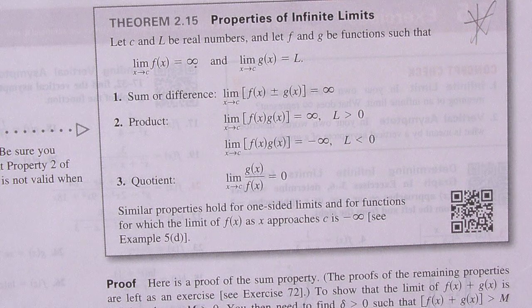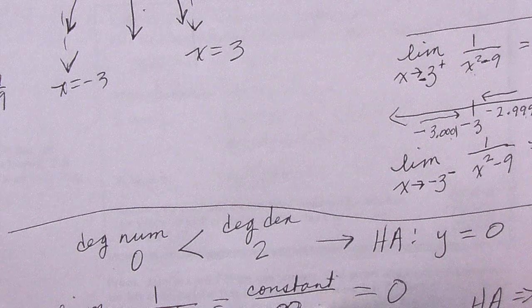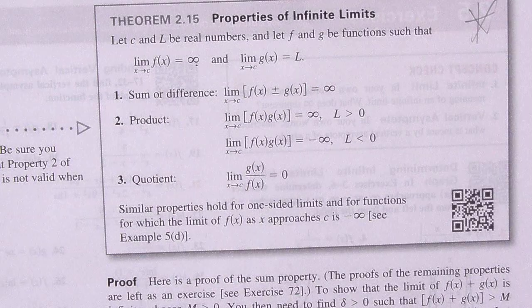I said really small, I meant really big. A constant over something really big is going to give you 0. A constant over something really small is going to give you negative or positive infinity. Any questions on those properties of limits?